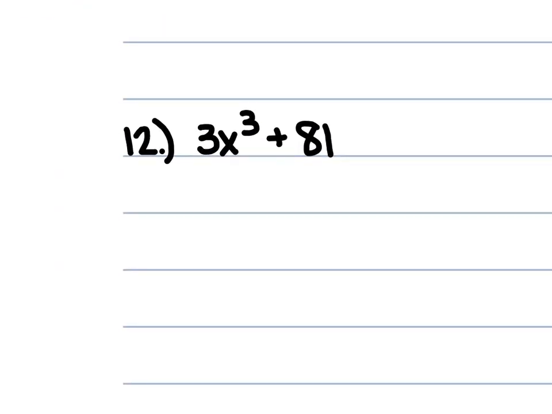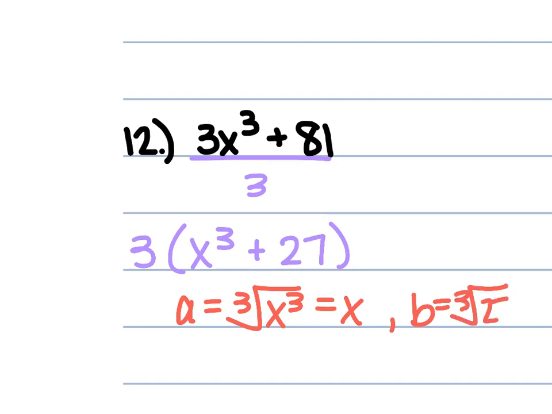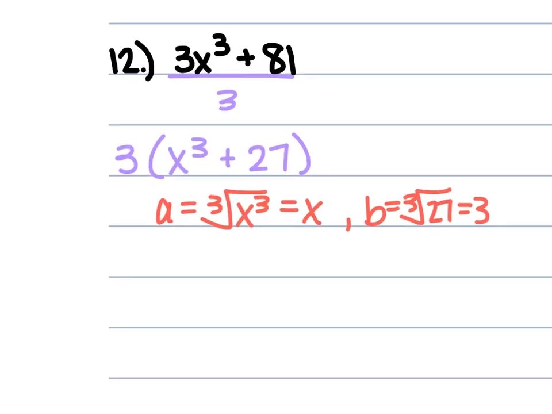For 12, we now have a sum of cubes that we can first factor out the greatest common factor. Our greatest common factor is 3, so that's going to leave us with 3 times x cubed plus 27. Our a is the cube root of x cubed, which is x. Our b is the cube root of 27, which is 3. So we're going to use the sum of cubes and make sure we bring down that 3 to go in front.